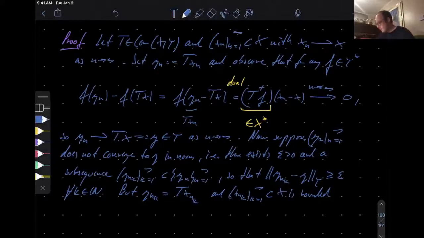Good. So thus, by compactness of T, now we use it, there exists a convergent subsequence.